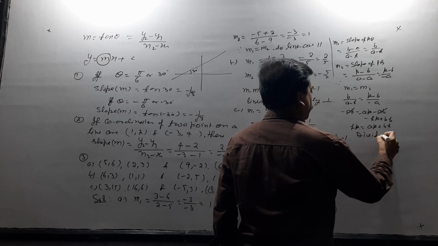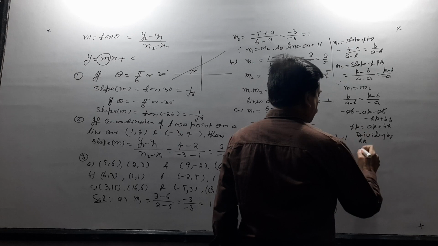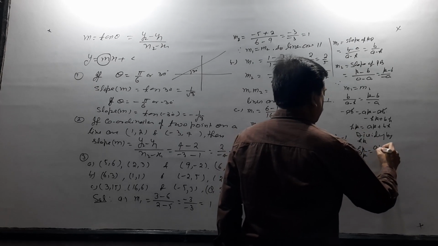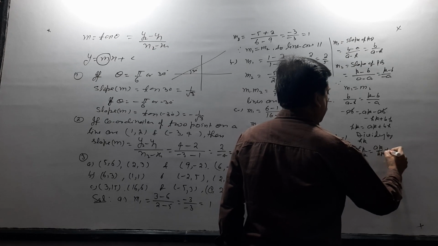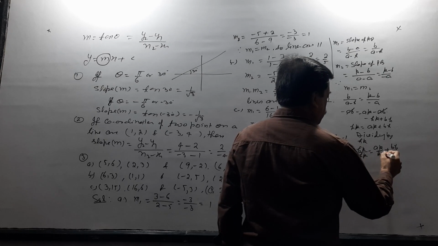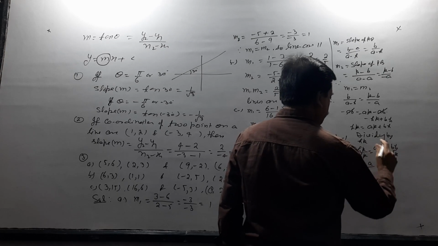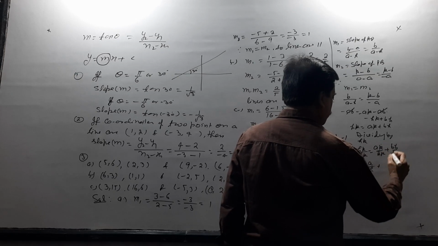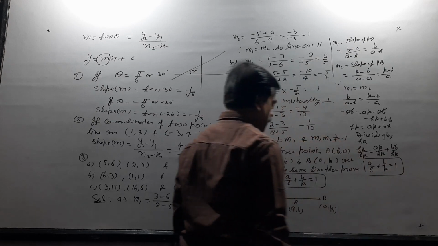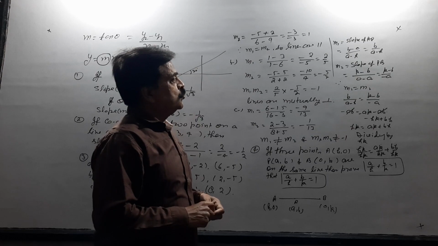Dividing by hk, hk upon hk is 1, ak upon hk plus bh upon hk. Here k will cancel, here h will cancel, so we get a upon h plus b upon k is equal to 1. So this is the proof for these conditions by using slopes.